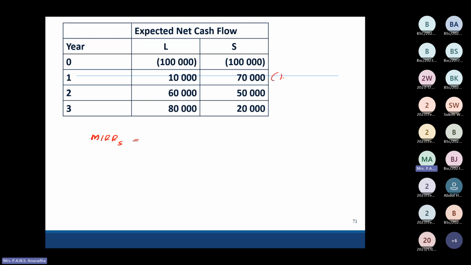You have to compound for 2 years. This is for 1 year. So then you can get the terminal year cash flow. 70,000 into 1.1 to the power 2. This is 84,700.